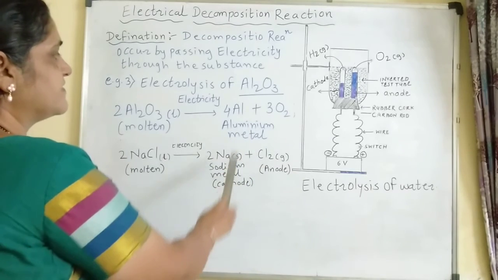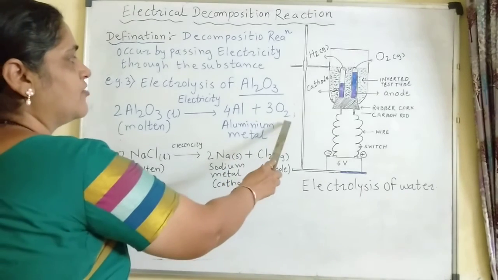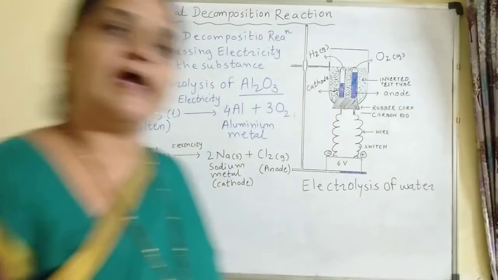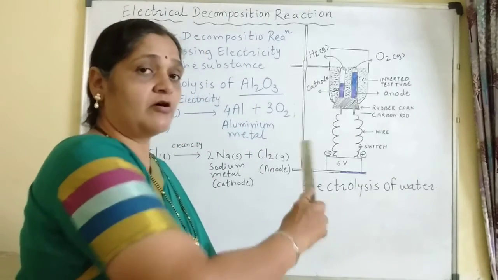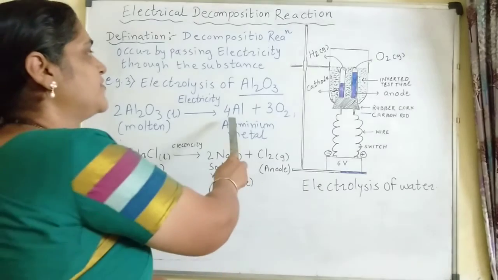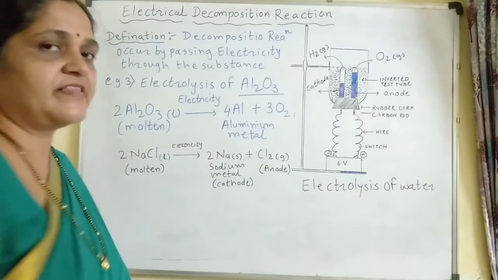Aluminium metal is deposited at the cathode and oxygen gas is evolved at the anode. Thus, molten aluminium oxide also undergoes electrolysis to produce aluminium metal and oxygen gas.